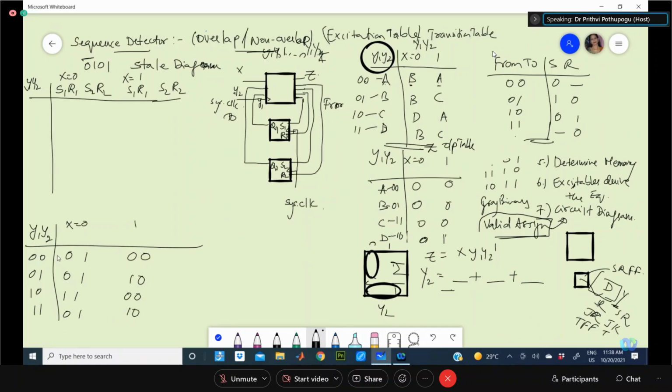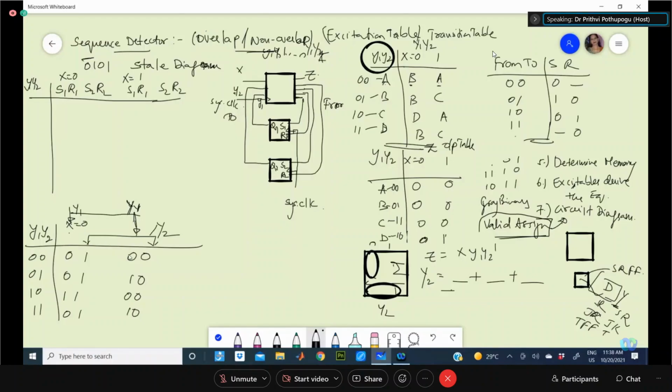Okay. Now see, this is for y1. This will be for y1. These two will be for y1. These two will be for y2. That means this set is for S1 R1 when x is 0.